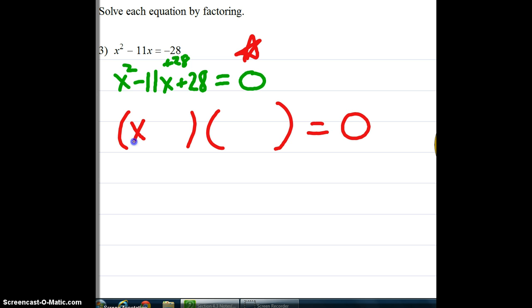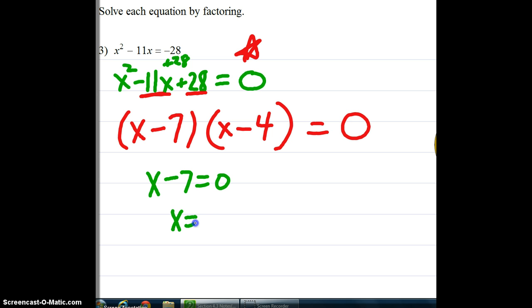So again, we're looking for the factors of 28 that add up to negative 11. Since they're both negative, to add up to negative 11, check your 7 and 4. They'll add up to negative 11 and multiply to be a positive 28. When we're asked to solve, then we set each one of these factors equal to 0.